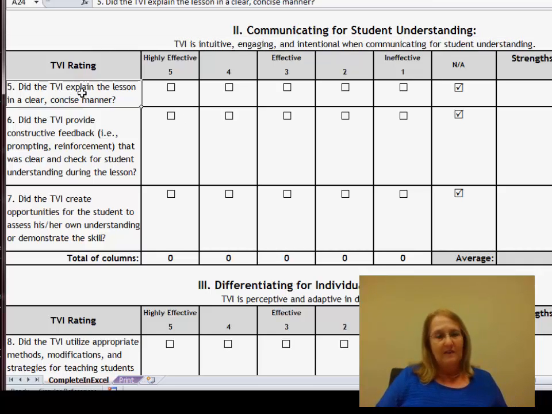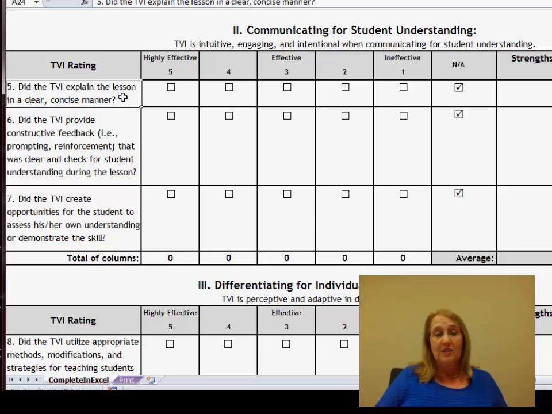Question number 5 asked that. So as you were looking for that answer to that question, was there an opening with the student that explained at the beginning of the lesson to that student what the purpose of the lesson was? Was it something that the student understood and their ability to follow?